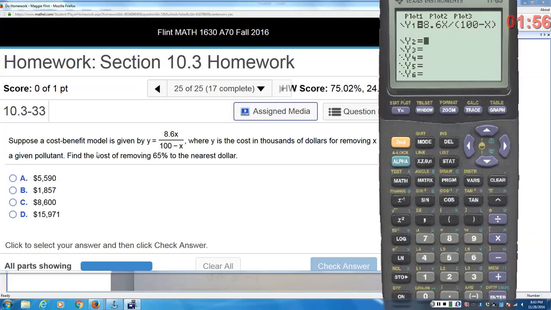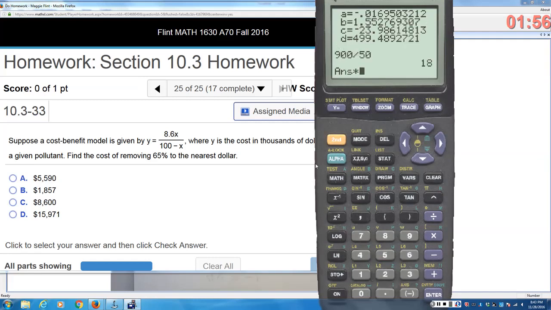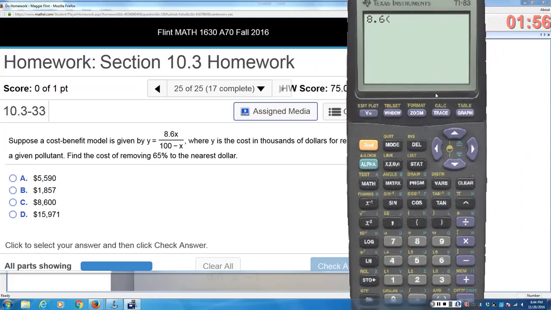And then y2, cost of removing 65% to the nearest dollar. Oh, x is the percent. No, we don't need to do that either. I take it back. 8.6 times 65, and x isn't a percent, so we'll put in 65. Divided by 100 minus 65 is 35.